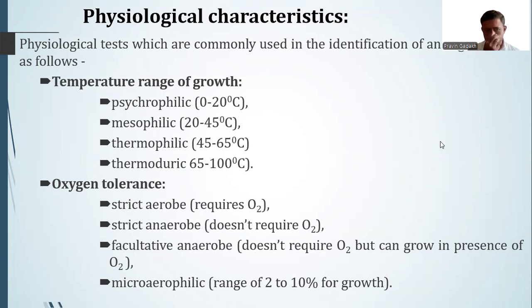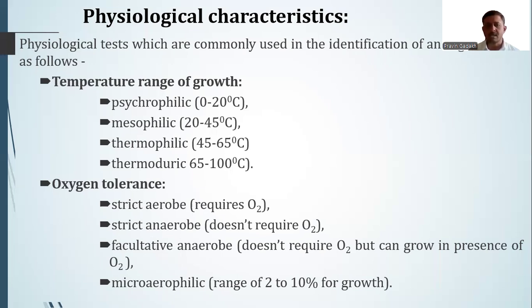So on the basis of growth pattern, the organisms which require a temperature between the range 0 to 20 degrees Celsius are categorized as psychrophilic organisms. The organisms which require 20 to 45 degrees Celsius temperature for their optimum growth are categorized into mesophilic type of organisms.